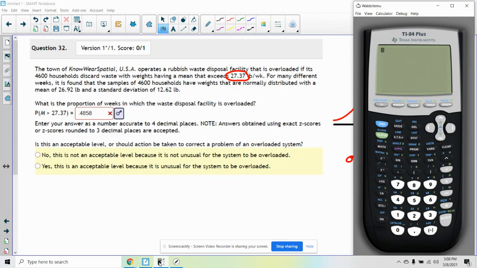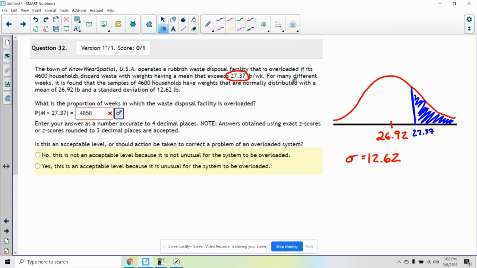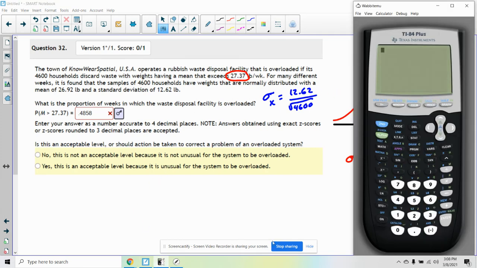When we're looking at a sample, we have to make sure we use the sigma for a sample. So our sigma with respect to the sample is going to be the sigma 12.62 divided by the square root of the sample size. We'll just plug it in the calculator the way it's written. Second distribution, normal CDF.